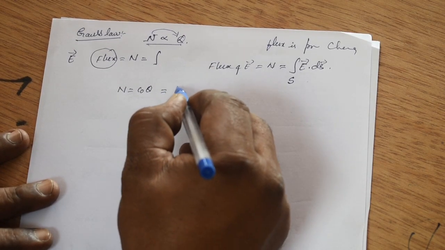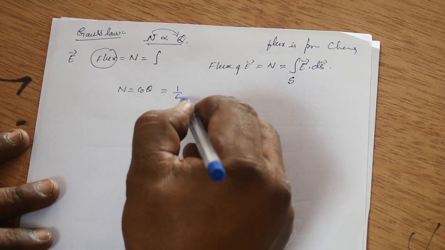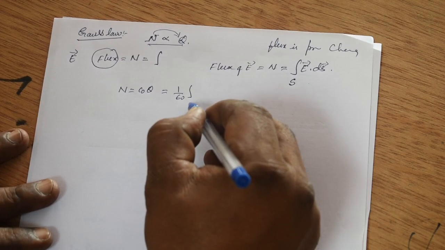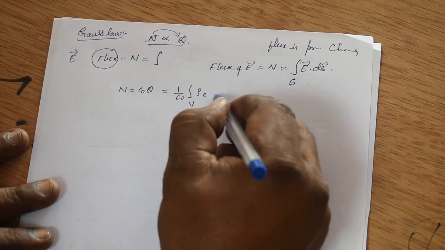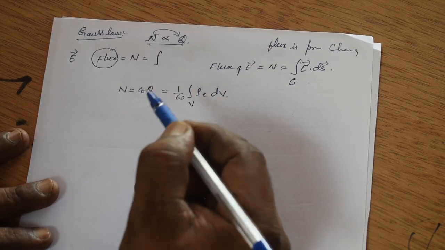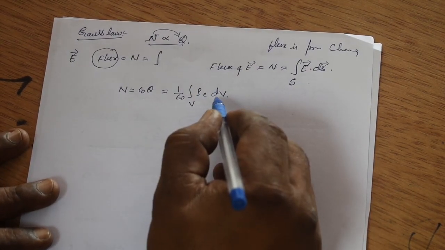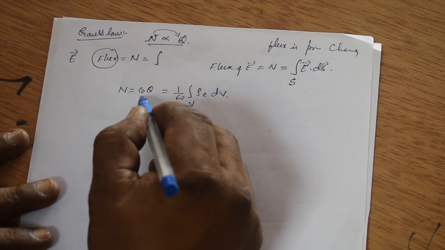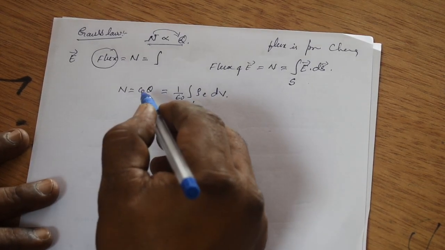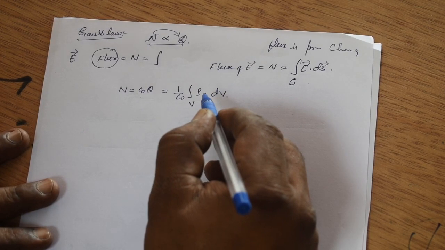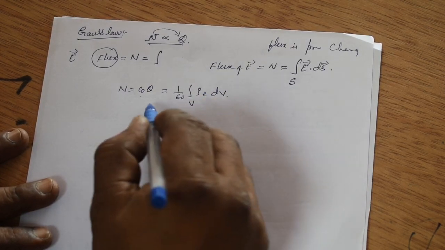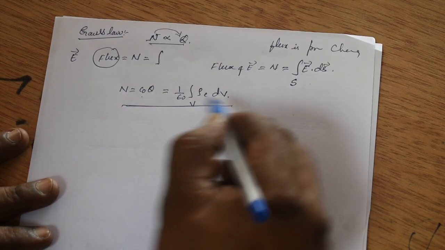Therefore, this is equal to 1 by epsilon naught times the volume integral of rho E dV. That is the number of charges, the charge density, and C is known as the constant of proportionality, and it depends upon the units we choose. This is the so-called Gauss law.